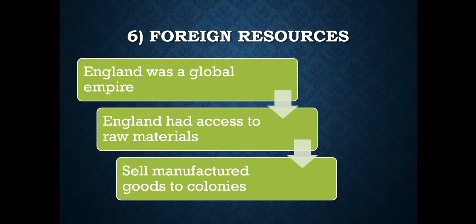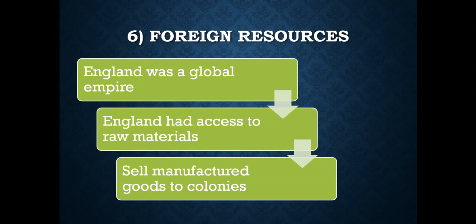It had colonies all over the world, and this allowed England to get whatever they wanted from the different colonies they had acquired for their own benefit. As a result, England had access to raw materials. They could get raw materials from basically anywhere.